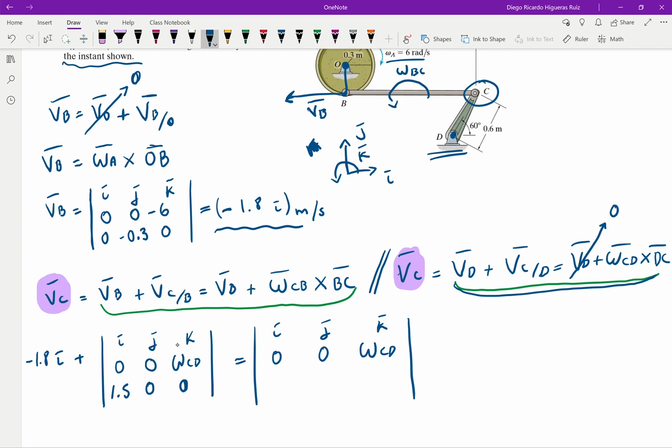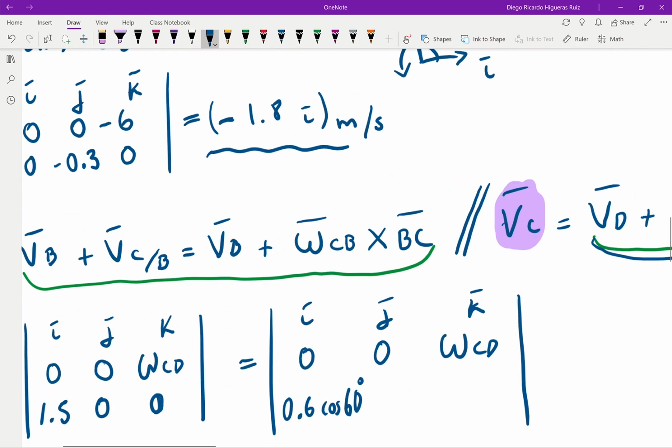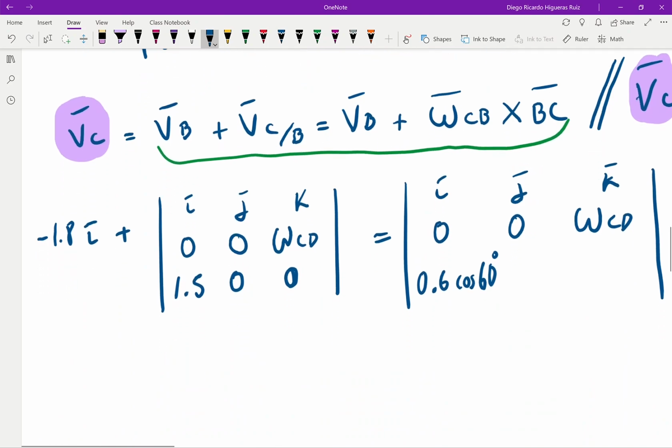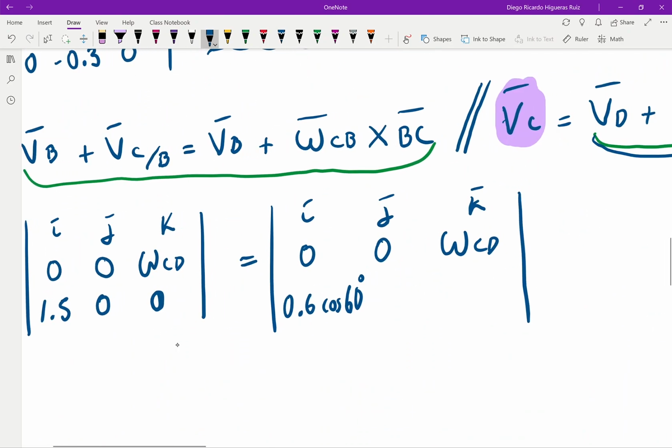Alright. And then we have the distance from D to C, and that's going to be in the X component 0.6 cosine of 60 degrees. So I'll try to make that smaller because I'm not going to have room.